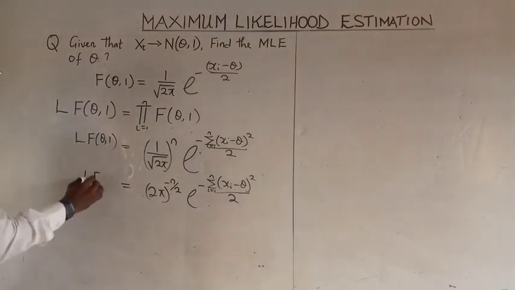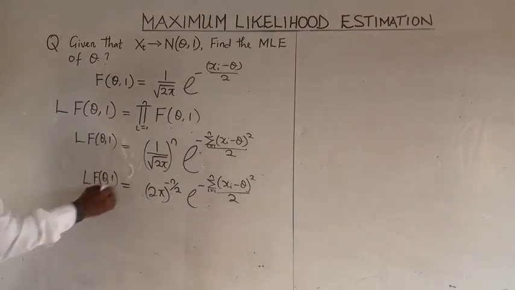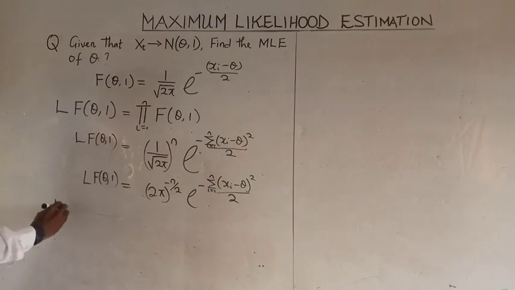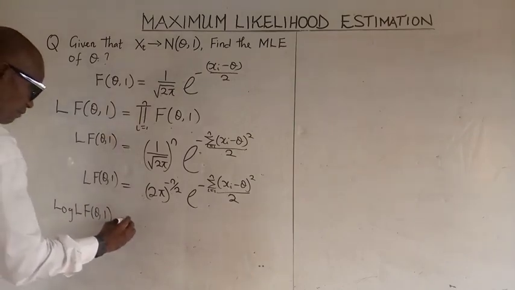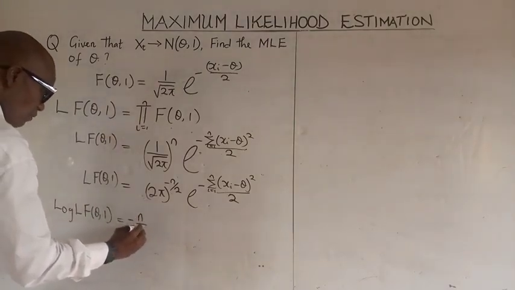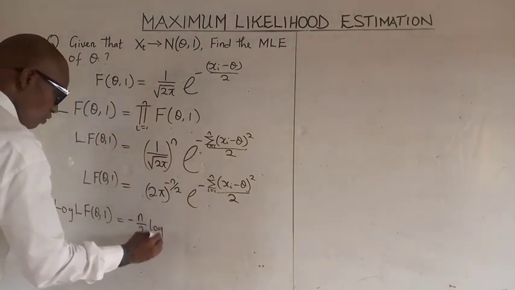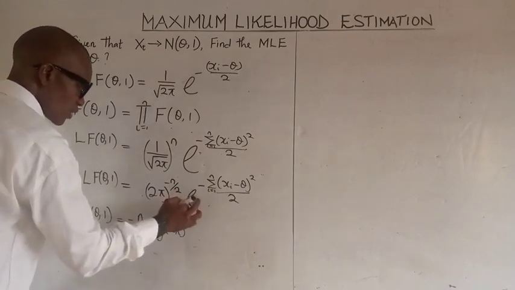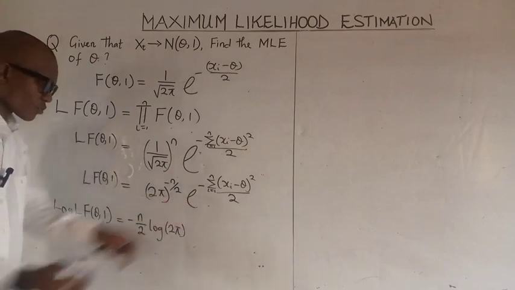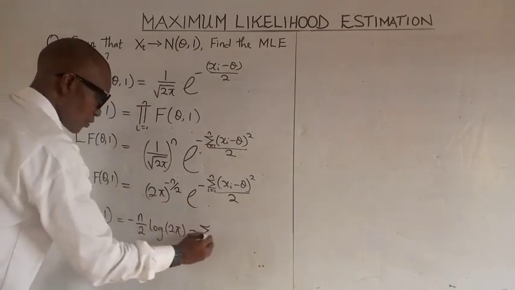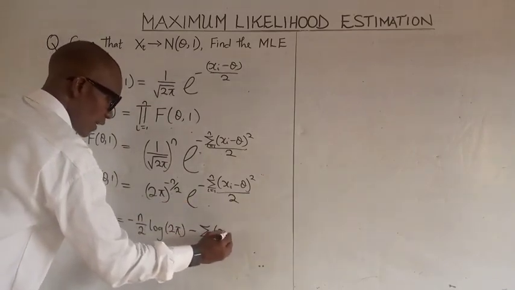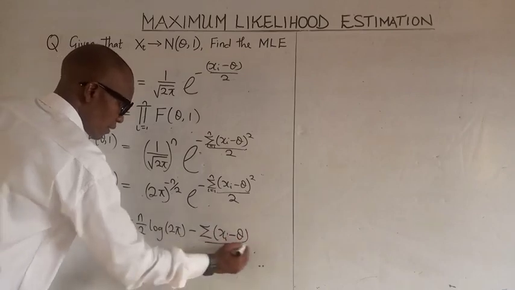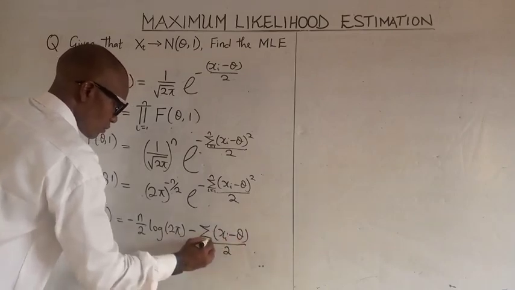So this is still the same thing. Taking the log now, the log of the function, we have minus n over 2 log 2 pi. If you take the log of an exponential function, you get that same thing, so you have minus the summation of (xi minus theta) squared all over 2.